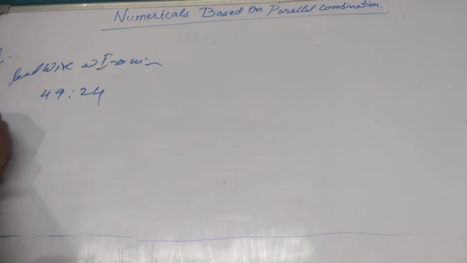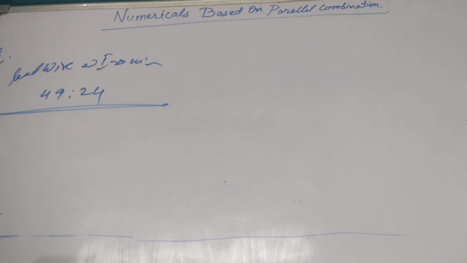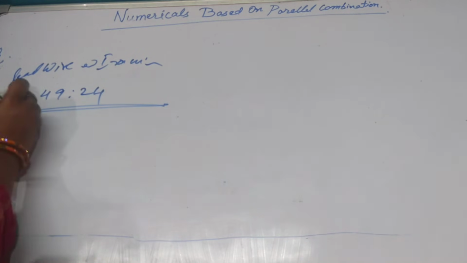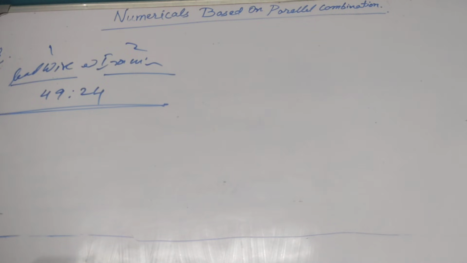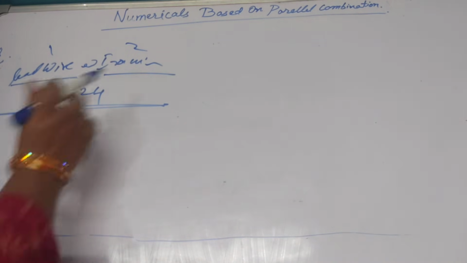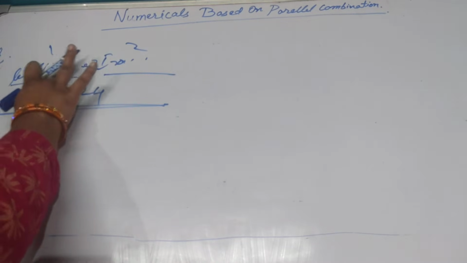So in this we have to assume something. What? This iron and lead.